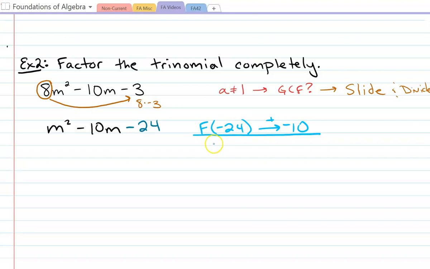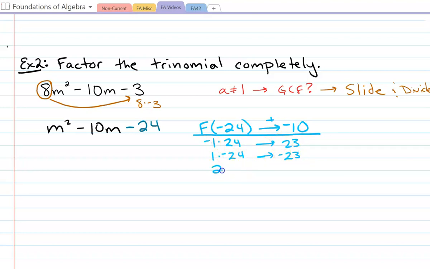So for 24, we got negative 1 times 24, well that adds to 23. Positive 1 times negative 24, that adds to negative 23, and we want a negative 10. So our larger factor needs to be a negative to be able to add to a negative. 1 and 24 don't work.